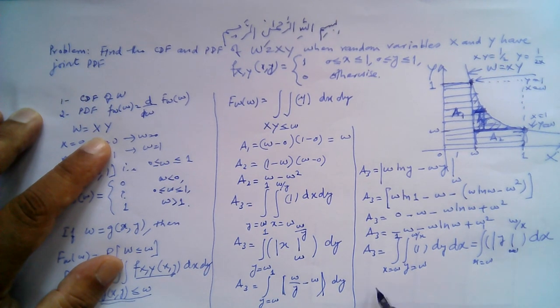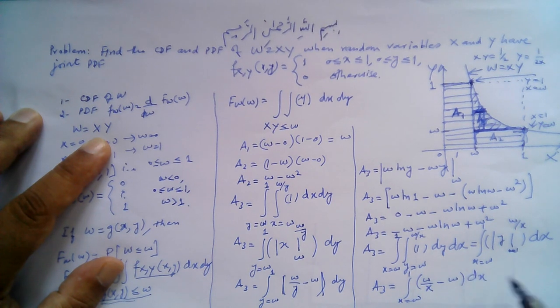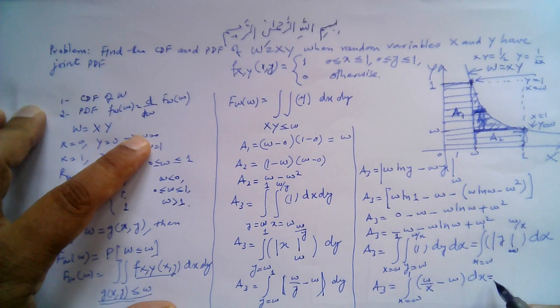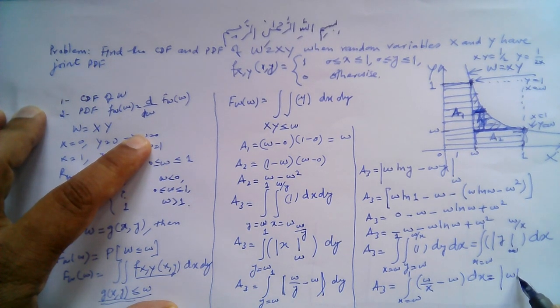So A3 is then given by x equal to w to 1, so this is w over x minus w, dx, right?